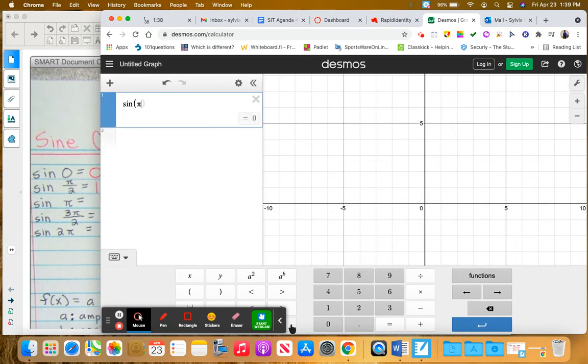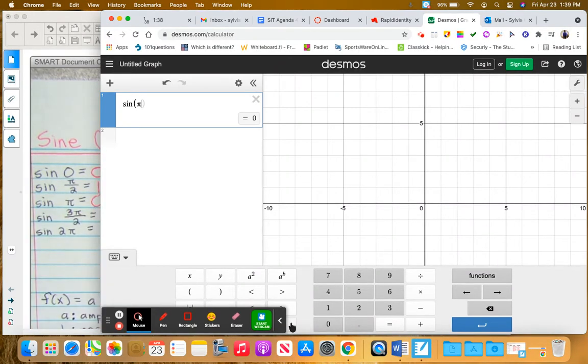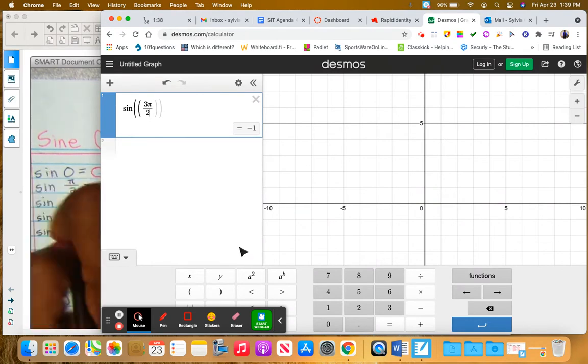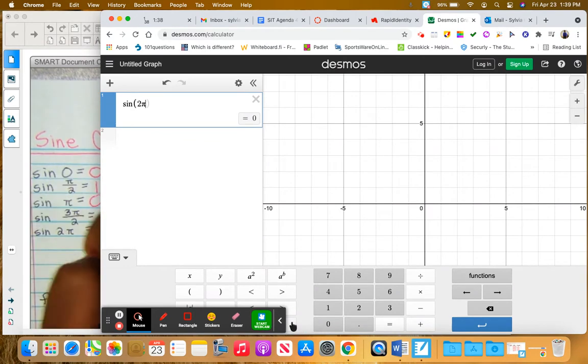Next, I'm going to type in pi, just regular pi. I got 0. Then I'm going to do 3 pi halves. I think this one needs to be in parentheses. 3 pi halves. Okay, I got -1. And then I'm going to type in 2 pi. And I got 0.